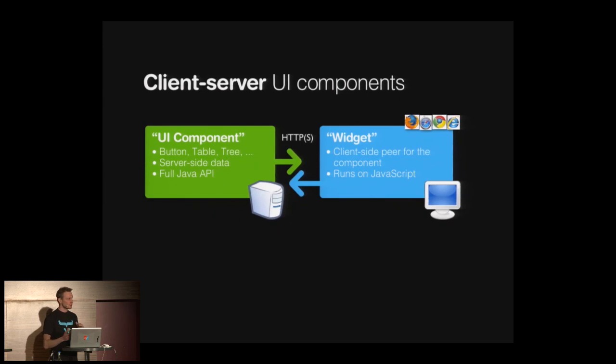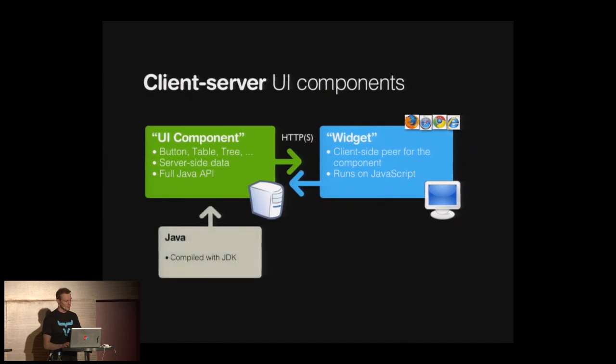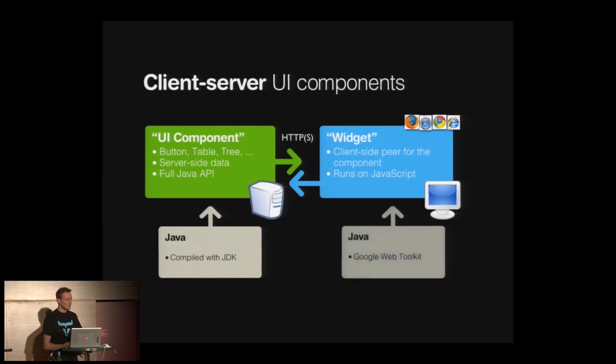You don't normally have to worry about it. That's running on a JavaScript engine. The server side is made with JDK, running on a normal JVM, and the client side is running on JavaScript compiled from Google Web Toolkit, using the GWT compiler to get the JavaScript from Java code.